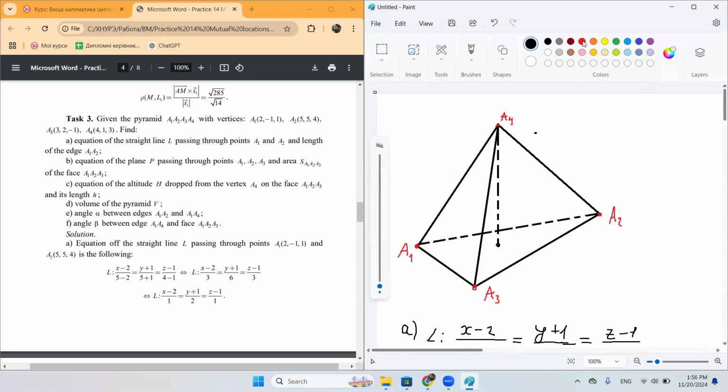Okay, and we can also name this point M. I'm not sure if we will need it. So the equation of the altitude h, how to find it? What do we need? Do we have everything, or do we need to perform some actions for that? Any ideas?